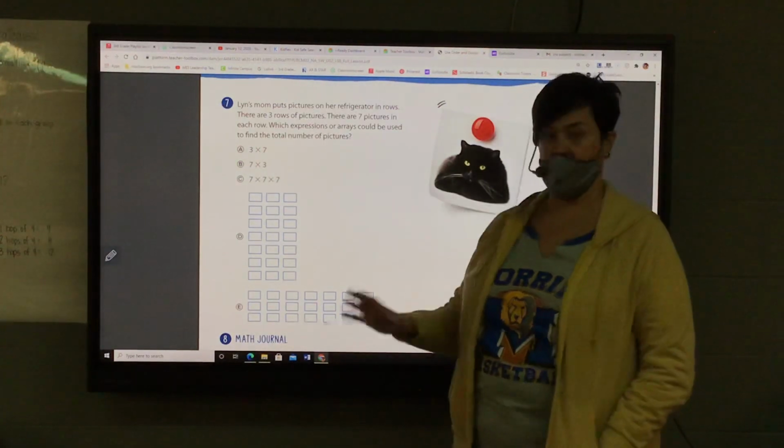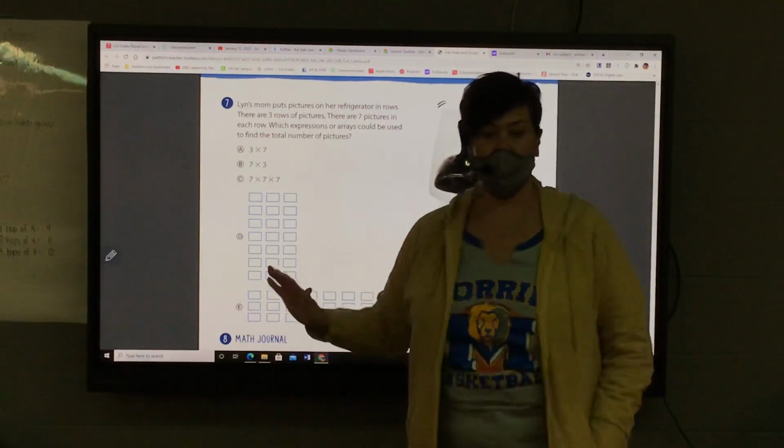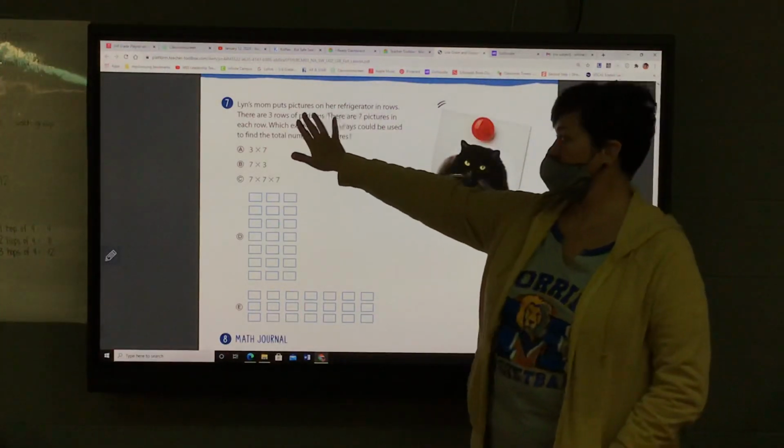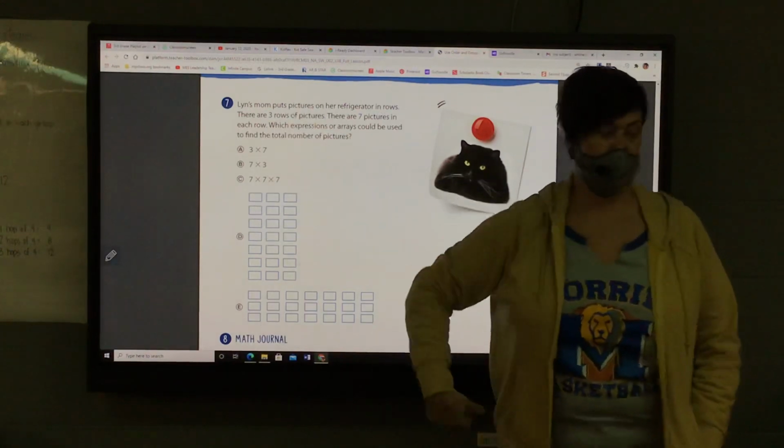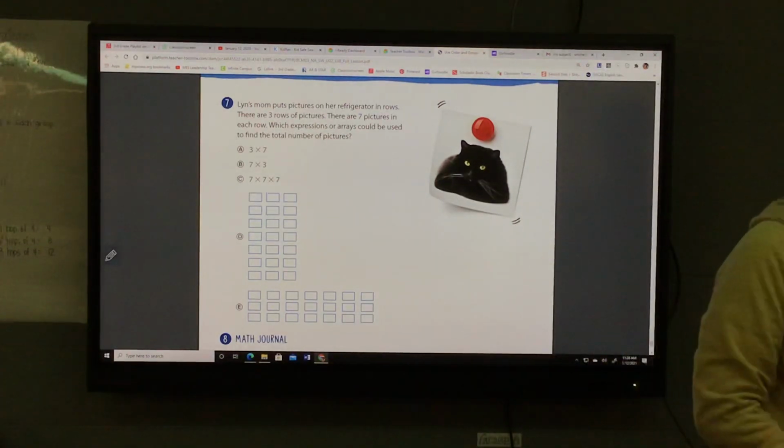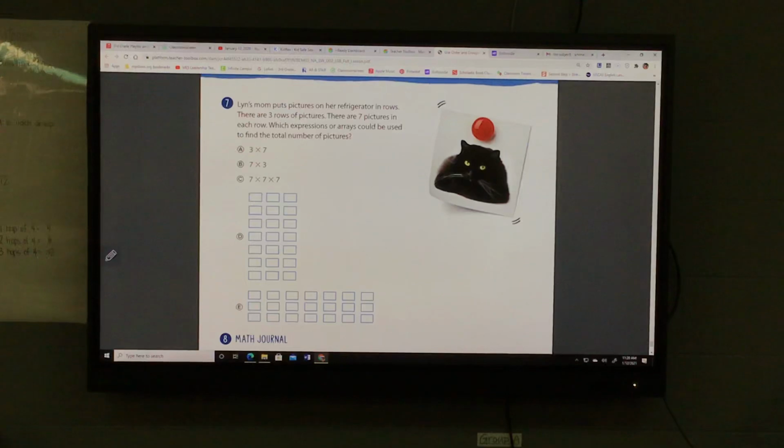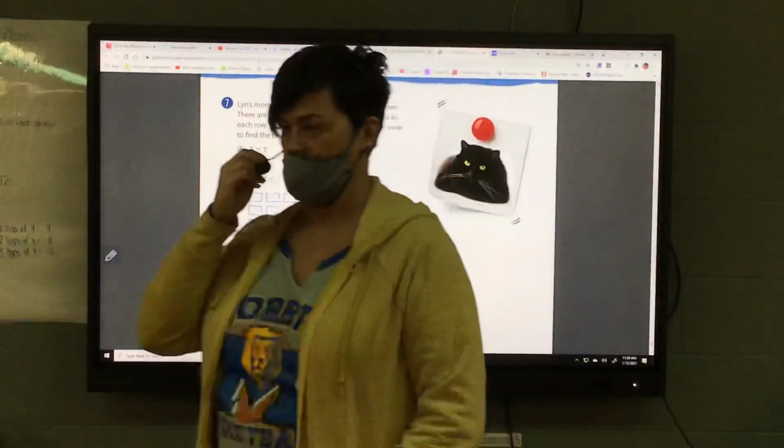So of these 5, which of them can go with that 3 and 7? Think about what we've learned with order.